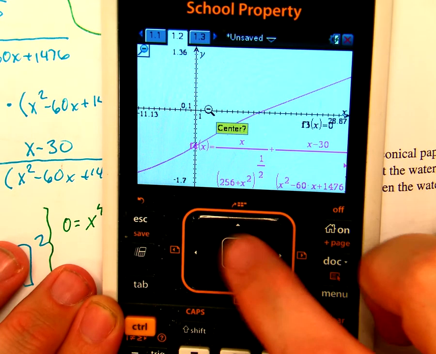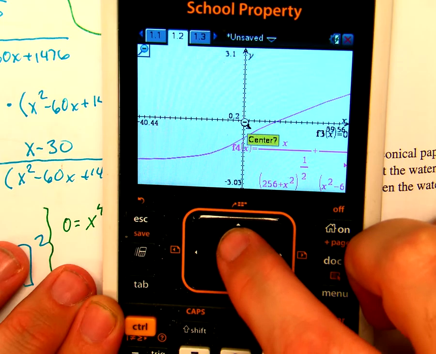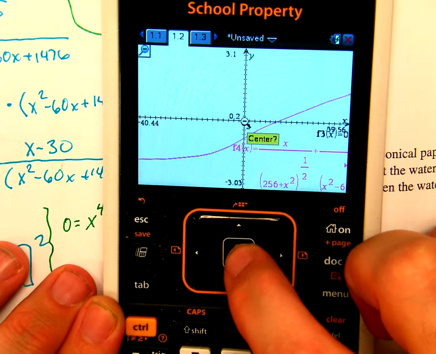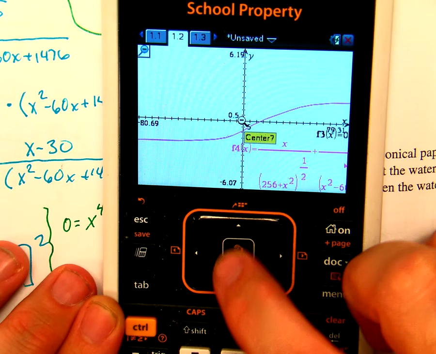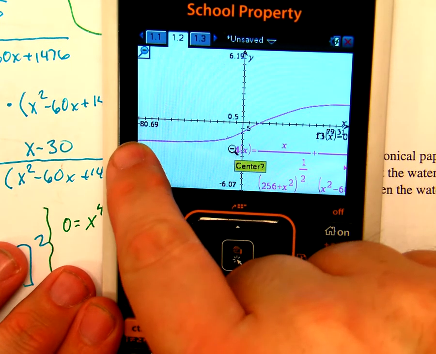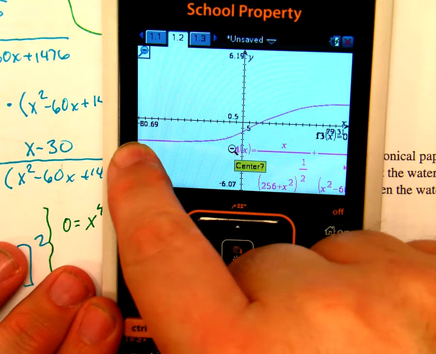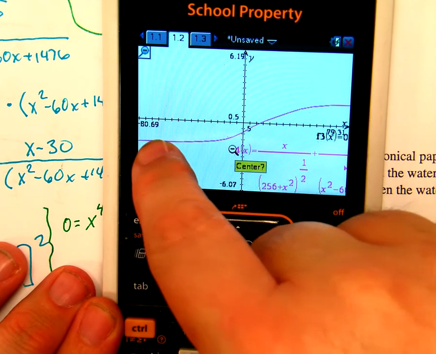Now, taking a look at this graph, does it look like over here that would be like a horizontal asymptote type of thing? That end behavior, we're getting a nice little S graph.